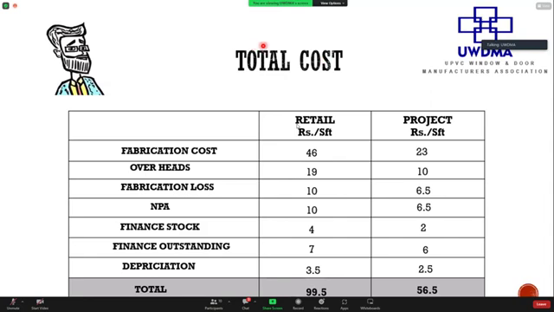For example, while dispatching, you haven't instructed your team or made a system that at the time of dispatch, you must check each and every material, what needs to go and what is actually going. So you miss just one handle, and the site is very far.